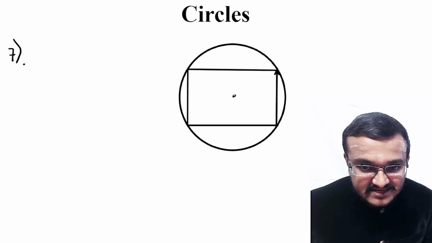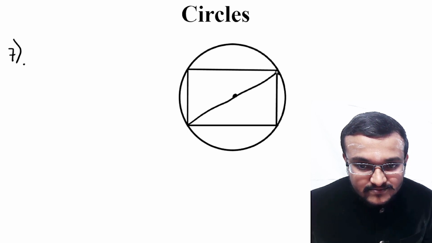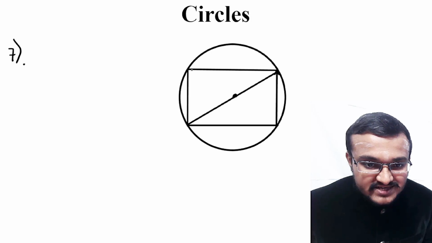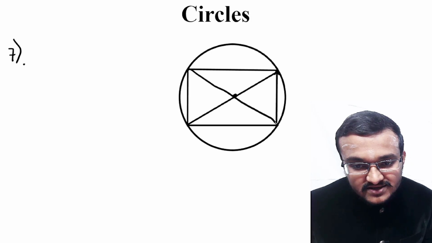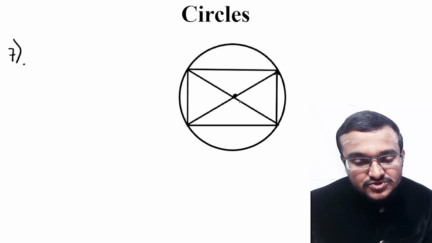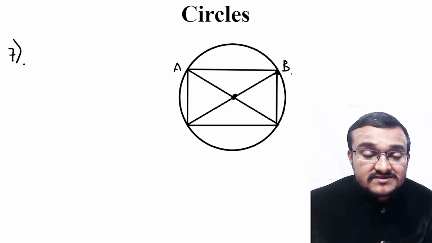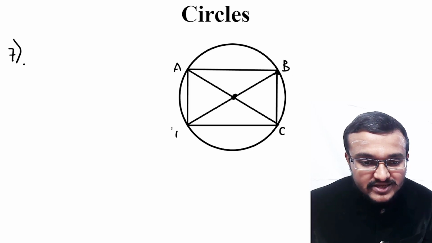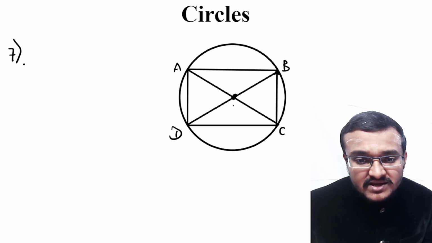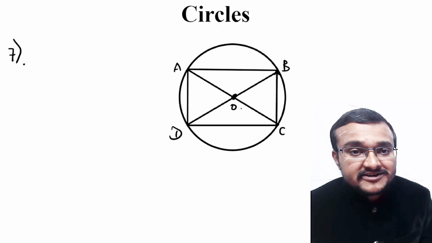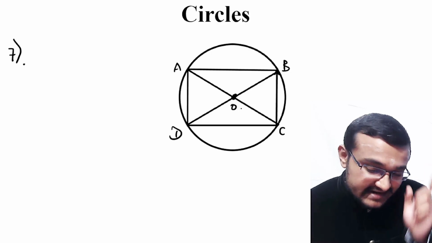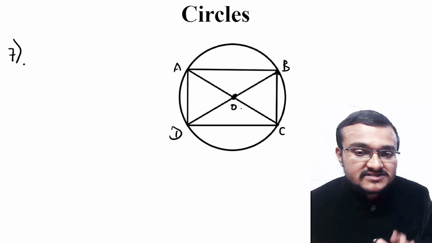If this is the center point of the circle, then the diagonals of this quadrilateral pass through the center of this particular circle like this. So ABCD we are considering as a cyclic quadrilateral, and let's call the center point O, where the diagonals are diameters of the circle as well.